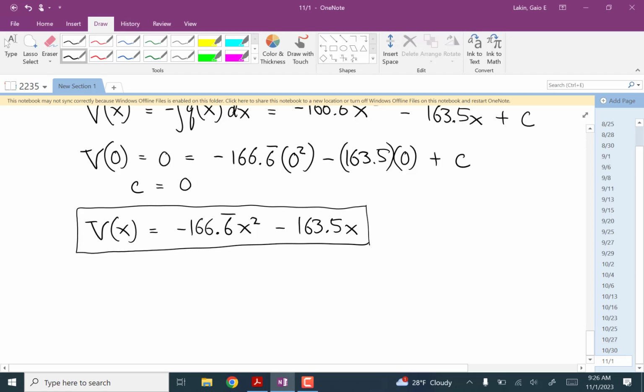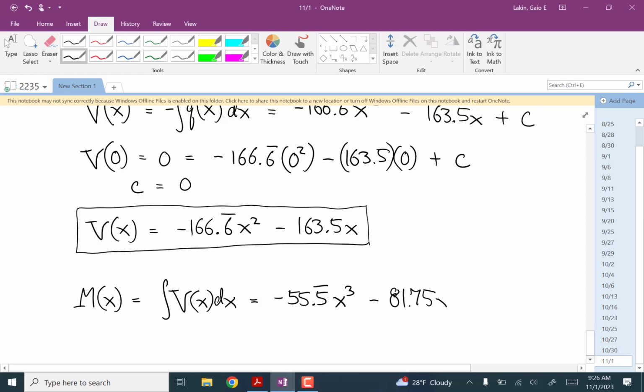So there's the first one. And now the bending moment is the integral of V with respect to x. And so that is negative 55.5 repeating x cubed minus 81.75 x squared plus c. I mean, it's a new c this time. I'll call it c1, I guess.